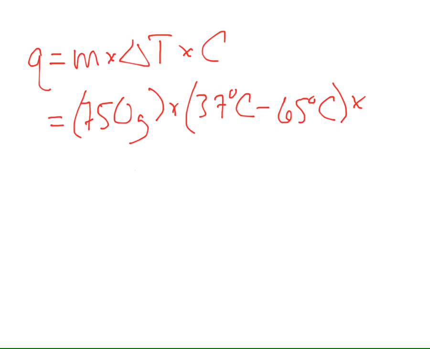And what's the specific heat of water? What did it tell you in the problem? Does it say in calories or in joules? It says calories? Okay, so use the calorie one. The calorie one is 1 calorie per gram degrees Celsius. So I'm going to solve this delta T right here. What's 37 minus 65?